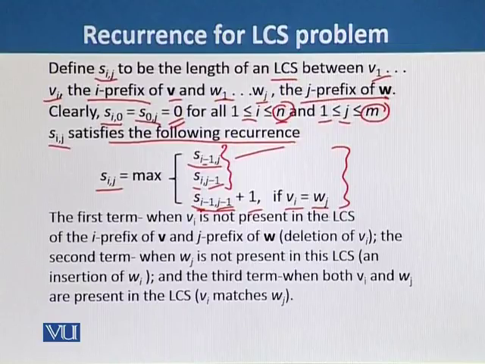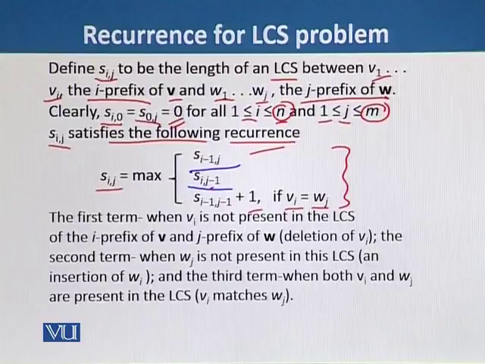The first term represents when Vi is not present in the longest common subsequence of the i-prefix of V and j-prefix of W, meaning there is a deletion of one letter in the V string. The second equation denotes that Wj is not present in the longest common subsequence, meaning it is an insertion within the W string.